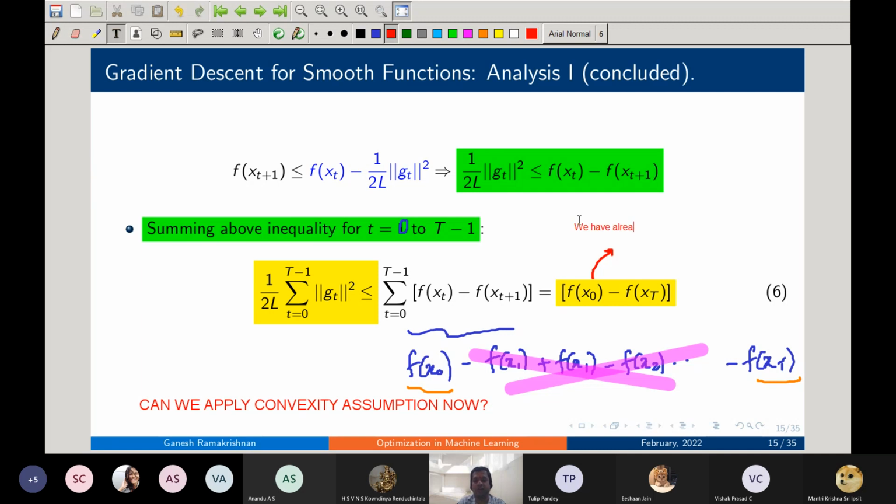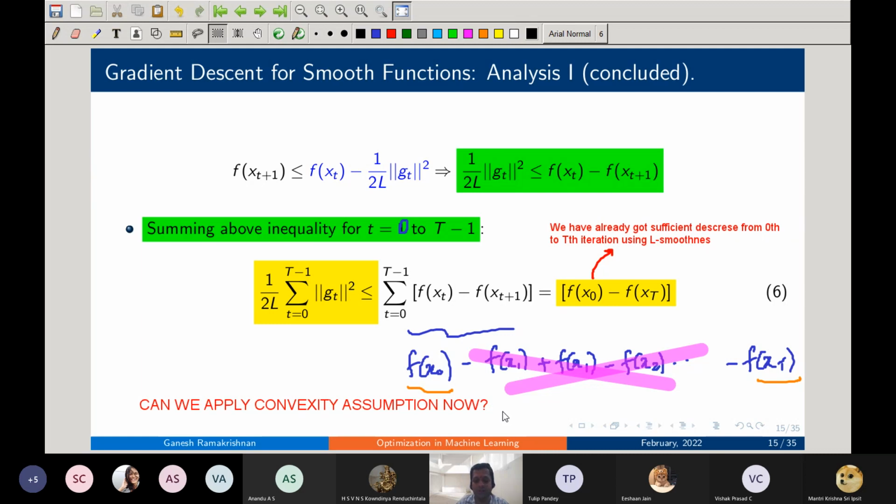I've already got sufficient decrease from the 0th to the tth iteration using Lipschitz smoothness. Okay, so this is not bad, but we're just greedy and trying to see, well, can we do even better?